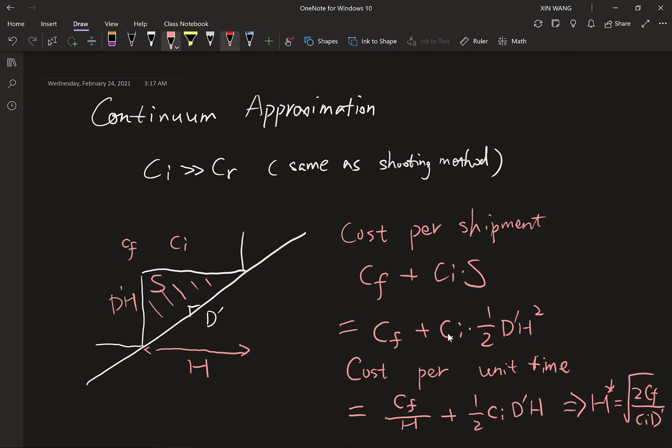You may notice that there's a difference between the formula because we have a 2 in the factor, and that is due to we only consider the consumption side without considering the production side. We have introduced that in our previous discussion. Okay, so this is a special case when the demand rate is constant.